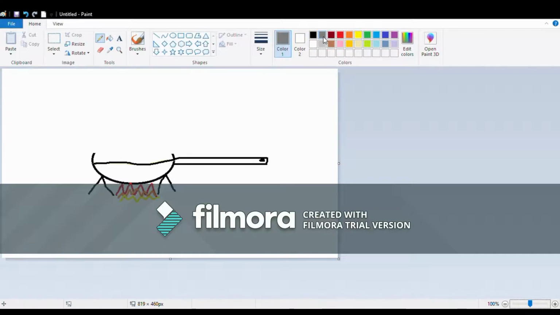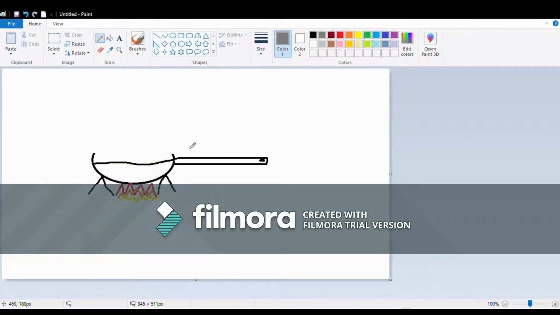The difference between slow cooking and other methods of cooking is that there's a lid on top of this. I'm just going to draw it with a different color. And the catch is there's a hole on the lid.